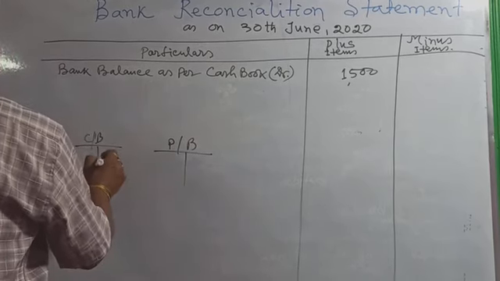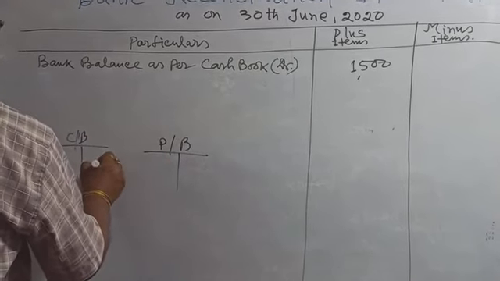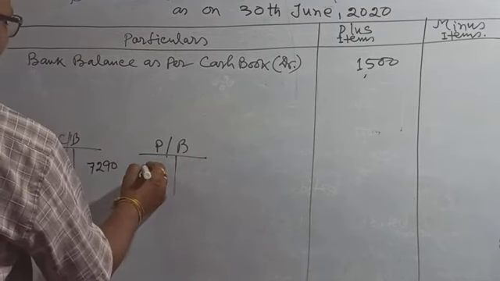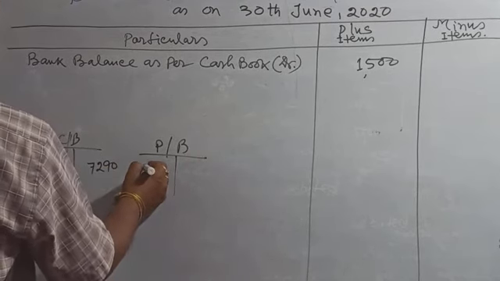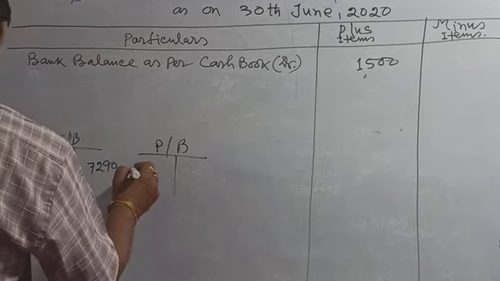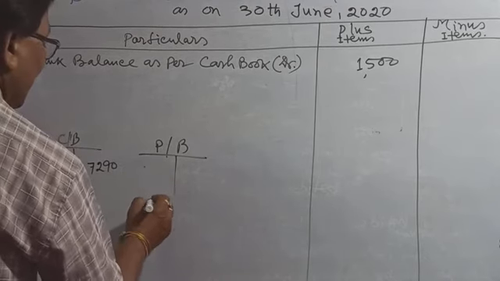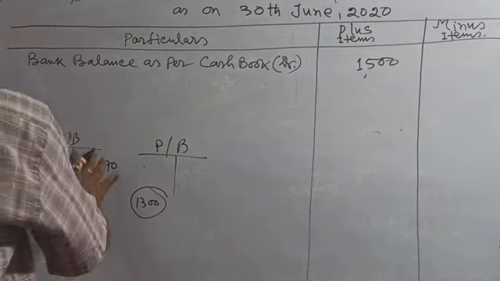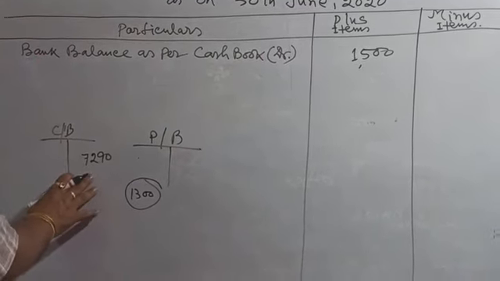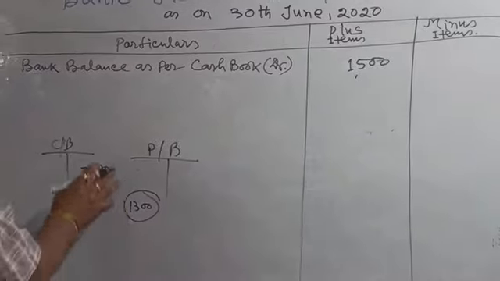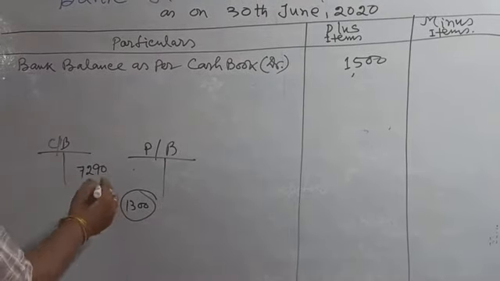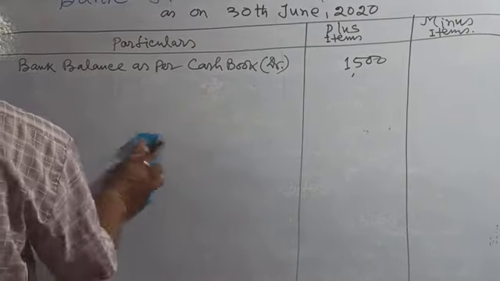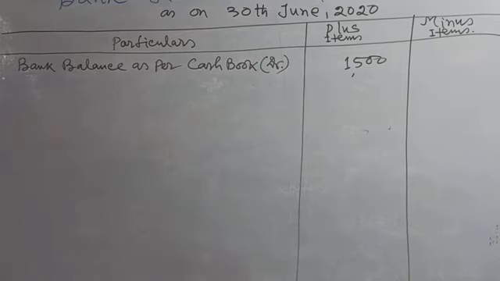Cash book decreases by 7,290, but the passbook is not debited 7,290. The passbook only debited 1,300 after this date. That means as a result, the passbook decreases more, the cash book decreases less. Then your item to reconcile is add, plus. Now you write the number 1 cause.